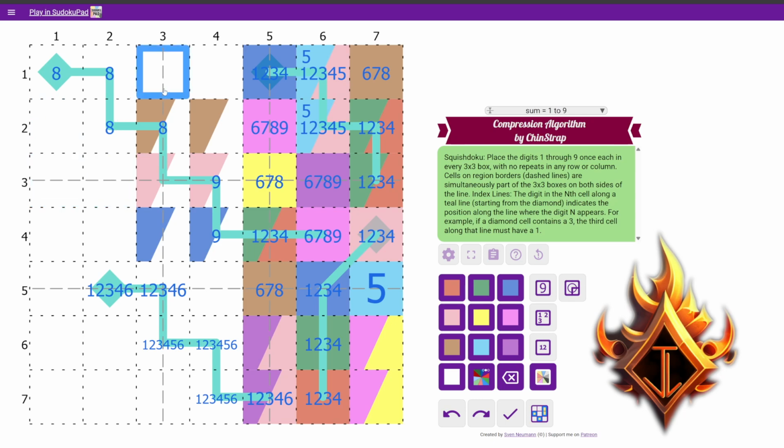Like, if I found one in this cell maybe? The only high digit this could be is dark purple. Can this be a low digit? This is blue. Yeah, it could be a lot of low digits. Okay.